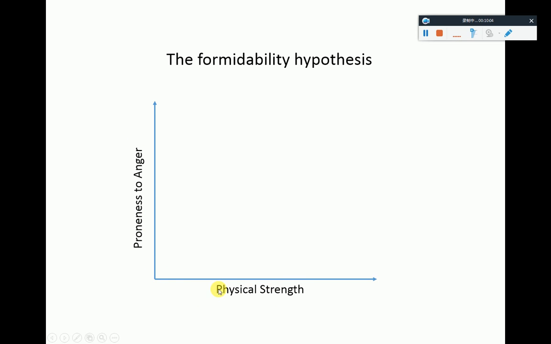So by placing these two variables, one on each axis, this is an axis, this is a second axis. Usually we say this is the y-axis, and this is the x-axis.